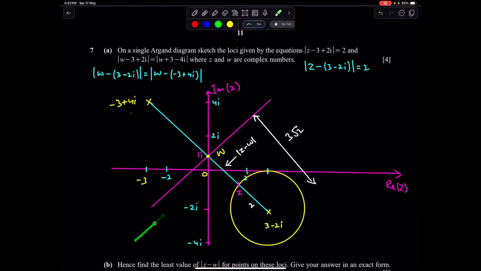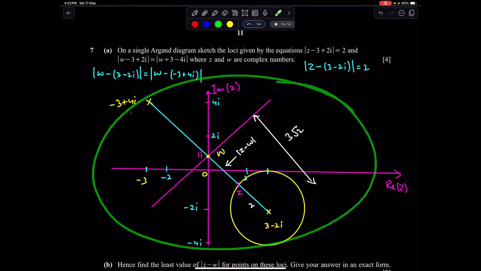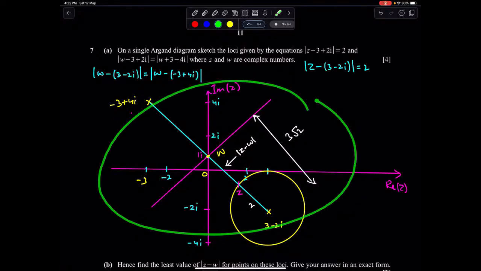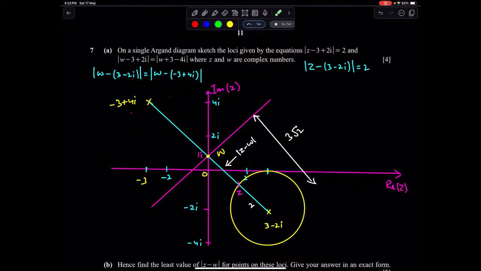This bisector is not passing through the origin. What if the bisector is passing through the origin? Then find this distance, no problem. But the bisector is passing through this point. This is the scale drawing, and you have to do scale drawing. So in CIE, when you draw an Argand diagram, you have to do scale drawing. I mean, take equal divisions or equal widths on both the axes.